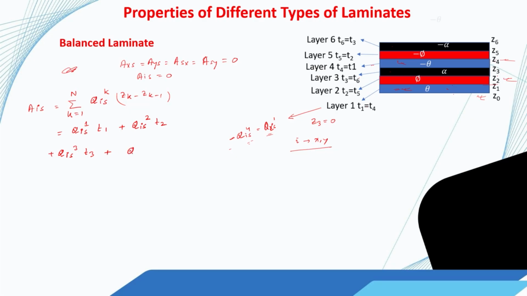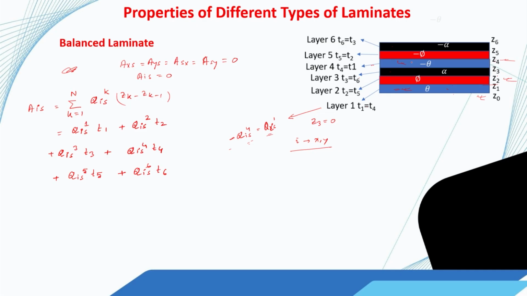Then we have QIS of the fourth layer multiplied by the thickness of the fourth layer, plus QIS of the fifth layer multiplied by the thickness of the fifth layer, and then QIS of the sixth layer multiplied by the thickness of the sixth layer.